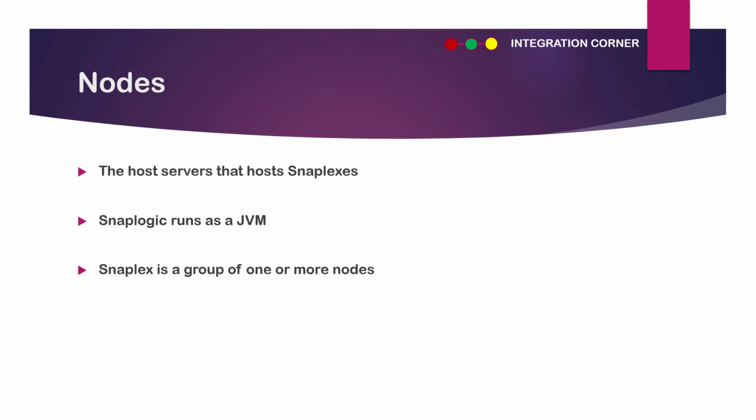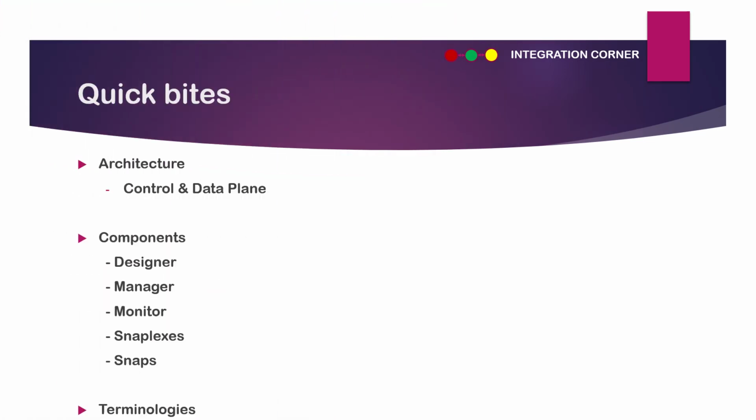SnapLogic can elastically expand and contract the number of nodes based on the data traffic flowing through it. So you can configure a minimum number of nodes that is required to process your workload, and you can define a threshold as well, so that once it exceeds that threshold, it automatically brings in more nodes so that your processing capacity is increased.